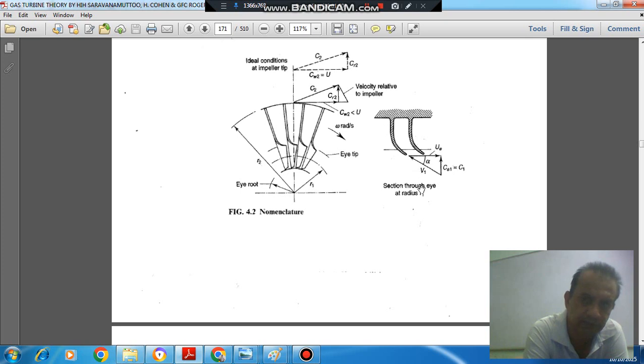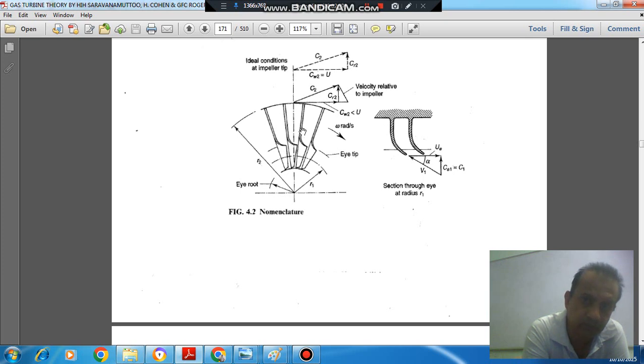This is the inlet diagram at the entrance of the impeller. After entering the impeller axially, the air leaves the impeller radially. It changes its direction to the radial direction. Suppose at the exit, the radial component of velocity of air is CR2.